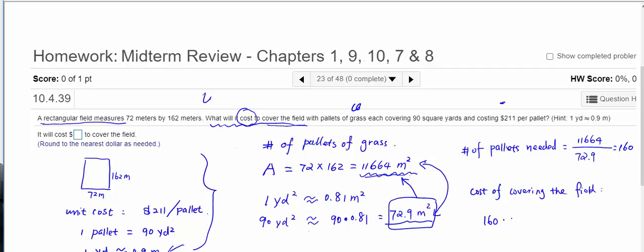So multiply by 211, and that number is $33,760. So that will be the total cost of covering this rectangular field.